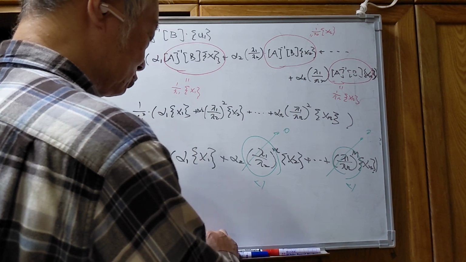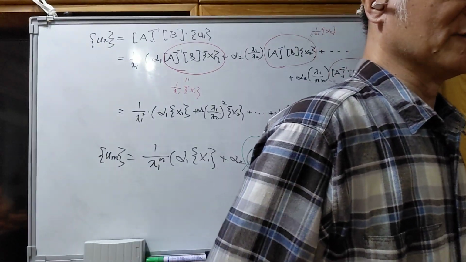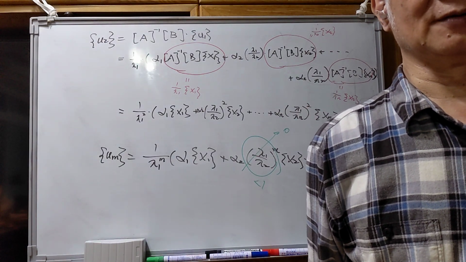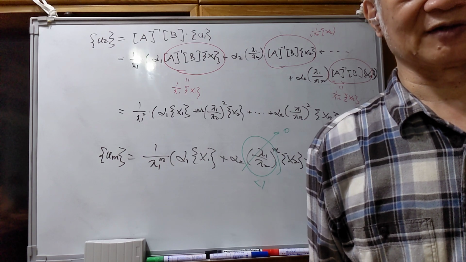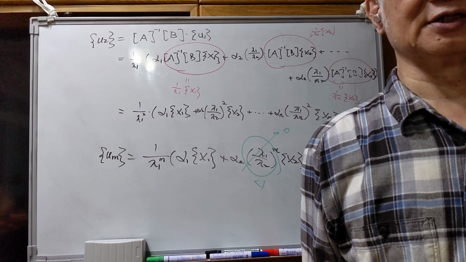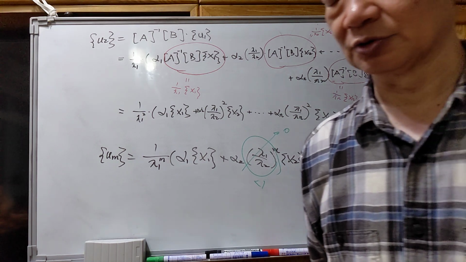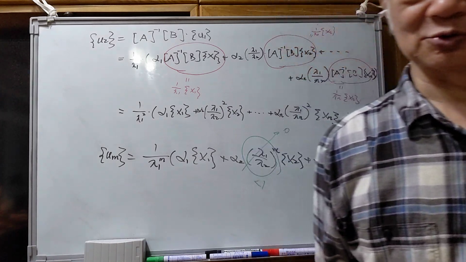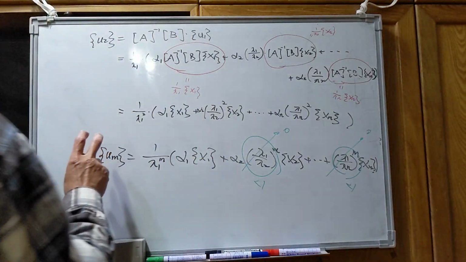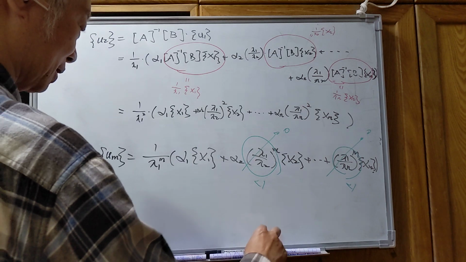So that's the proof why, if we use the inverse iteration method, the first approximate vector for the eigenvector will always be the vector corresponding to the minimum absolute lambda 1. So the first converged vector will approach x1.